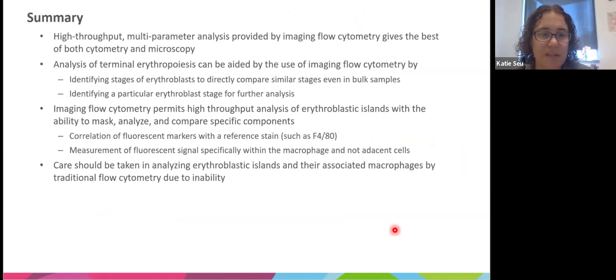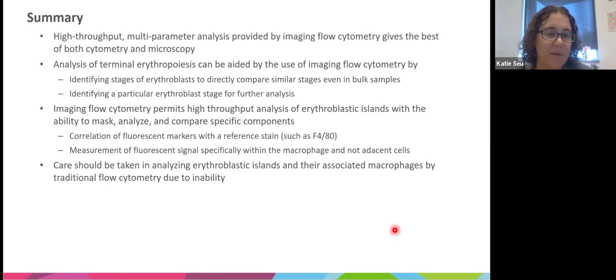The analysis of terminal erythropoiesis can be aided by imaging flow cytometry in a variety of ways, but mostly identifying the specific stages of erythroblasts, either for rare events and to make sure you're directly comparing cells that are at similar stages, since their features and their functions and characteristics are changing as they mature. And so you can also use this to pull out a particular erythroblast stage for further analysis, like the orthochromatic erythroblasts for enucleation, or for something else that is an erythroblast stage specific process.